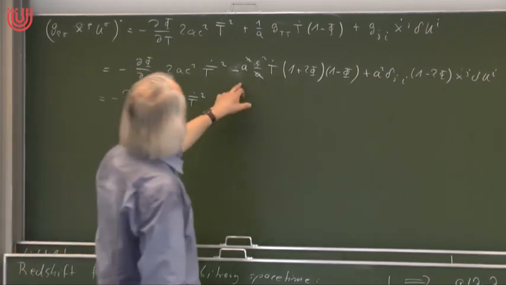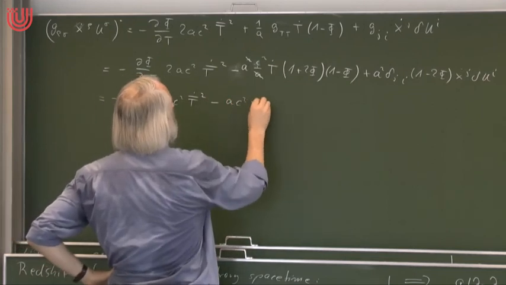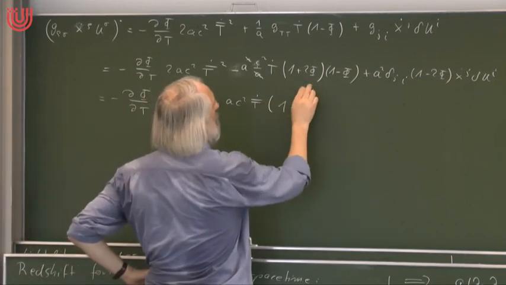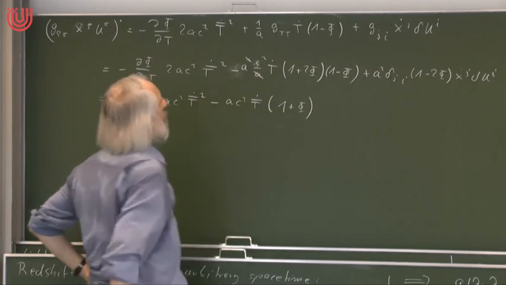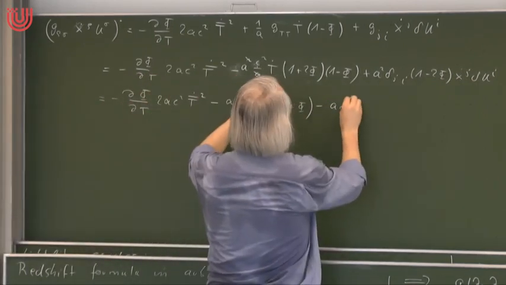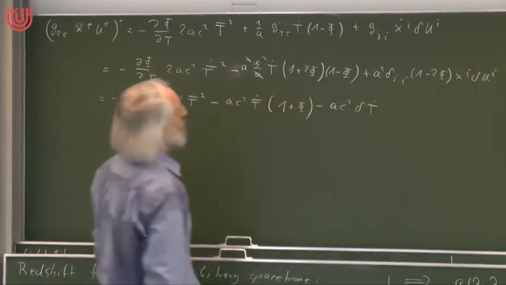What do I get here? If I write here the zeroth order, minus a c squared t bar dot, I get here 1 plus 2 phi minus phi plus phi. And if I write the first order here, minus a c squared delta t dot, then I get just the 1 here.